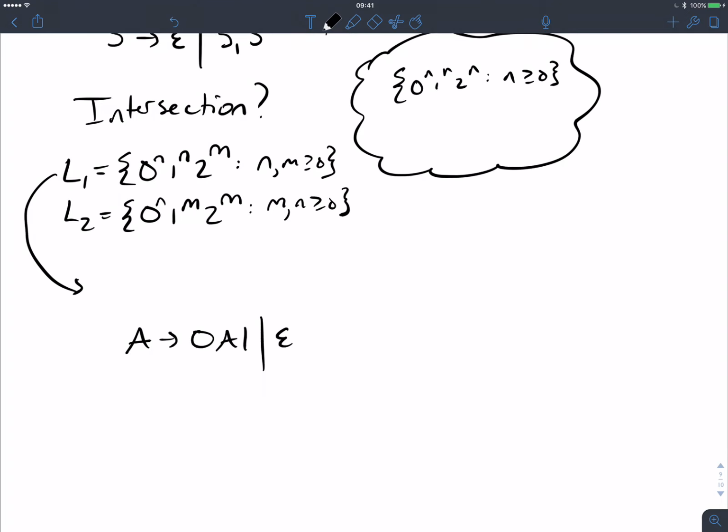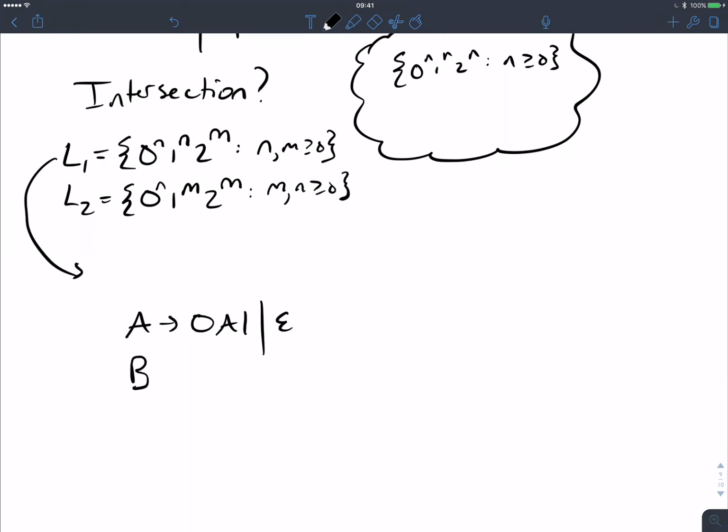Can I make a grammar that just spits out 2's, ignoring anything else? Yeah. In fact, we can make a regular grammar for it, which is nice.